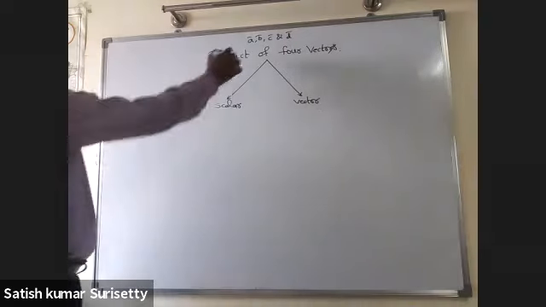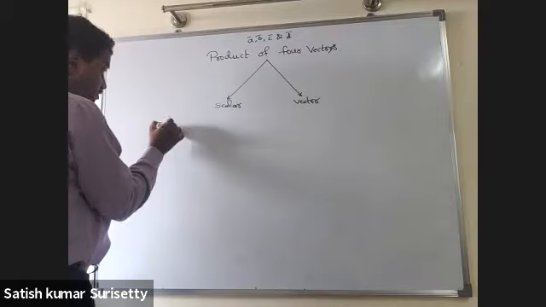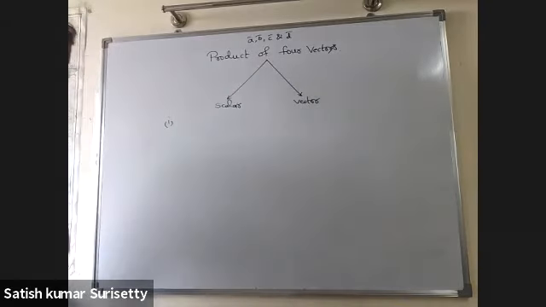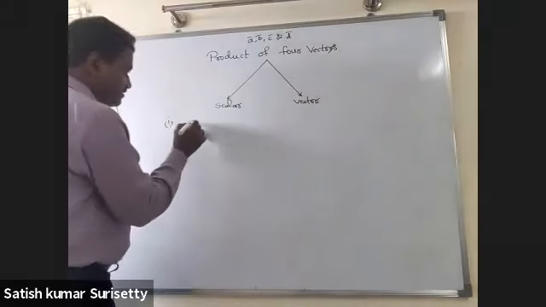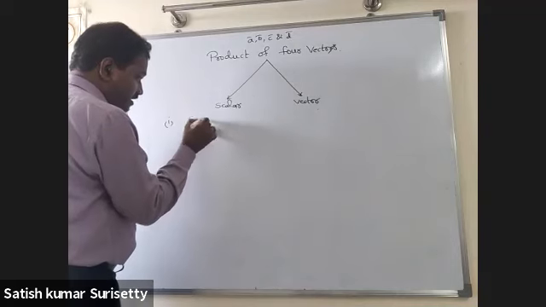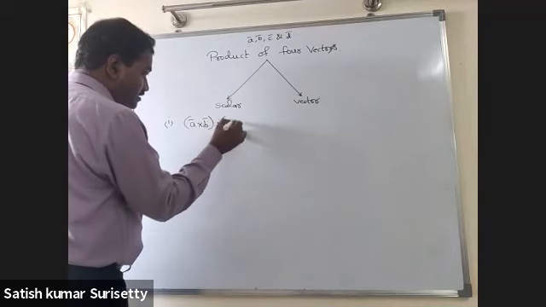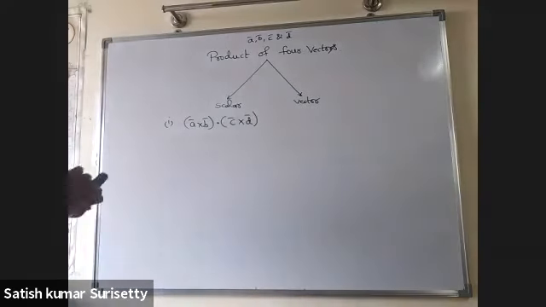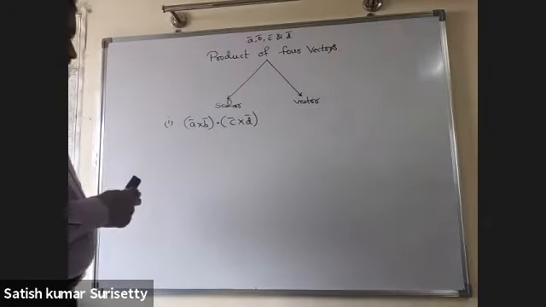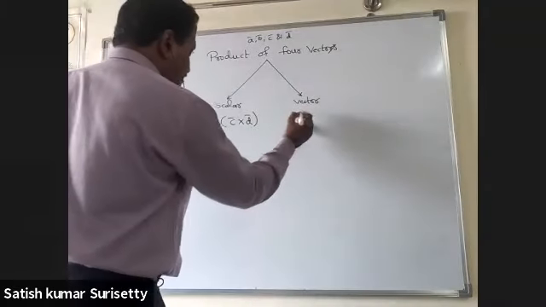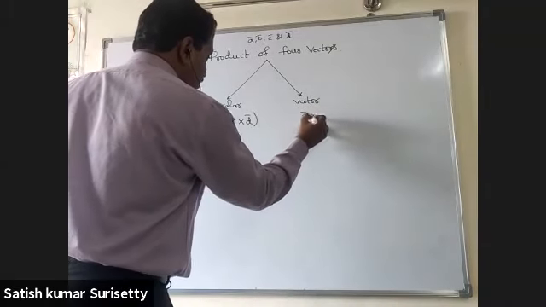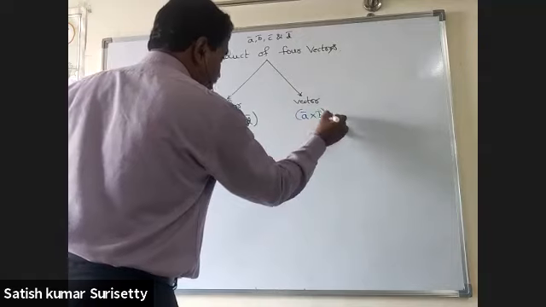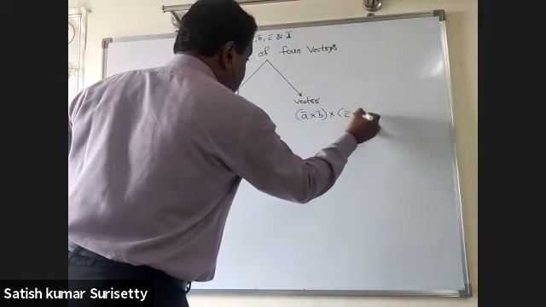One possibility, getting the result as a scalar: A bar cross B bar dot C bar cross D bar. Next, getting a vector: A bar cross B bar cross C bar cross D bar.